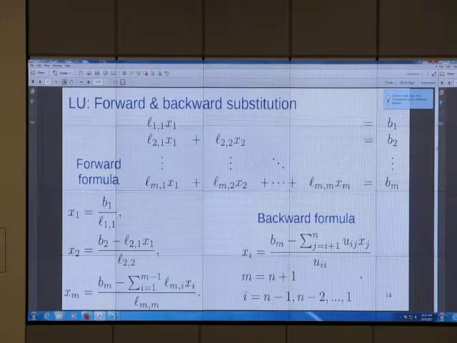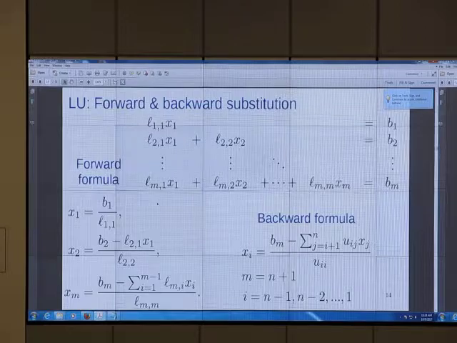So first we have Ly equal to B. We need to do forward substitution, right? The forward substitution formula is very similar to backward substitution, but it's just the way that you do the summation.